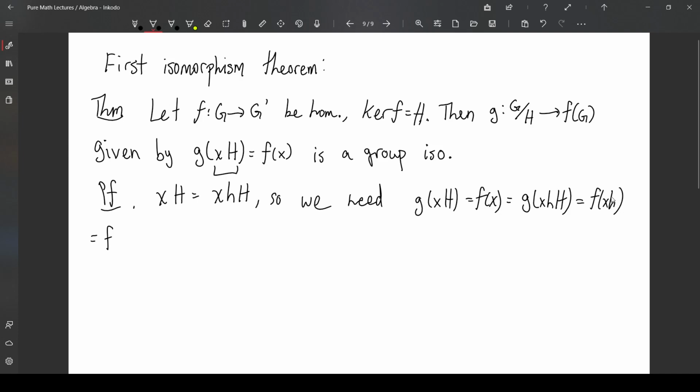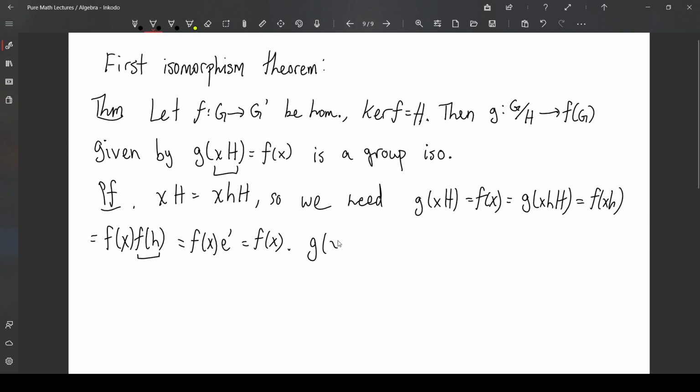So f of xh, right? f is a homomorphism, so we can break up this multiplication into f of x and f of h. H is the kernel of f, so f of h is just the identity. And so we have the desired equality. Okay. Now we have to show it's a homomorphism.